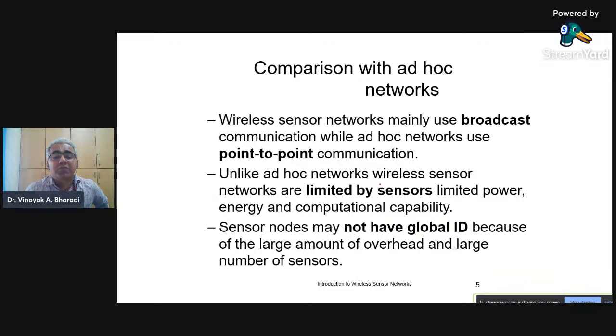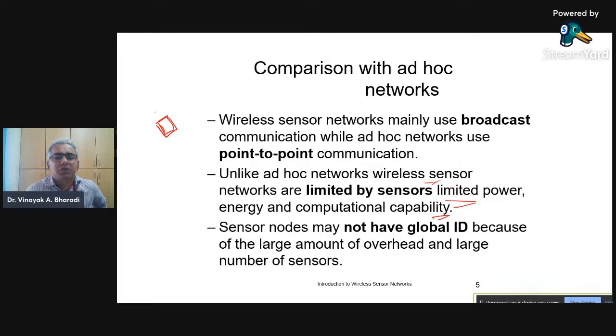Beyond that, these sensors are very small and have very limited battery power, so we have to use that power very cautiously. But in a mobile ad hoc network, battery is limited but power is not limited.